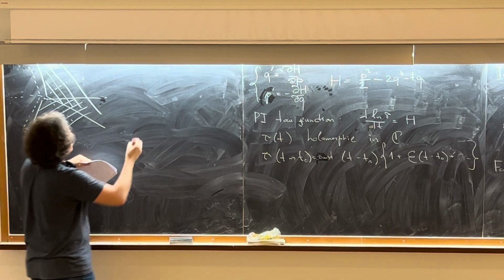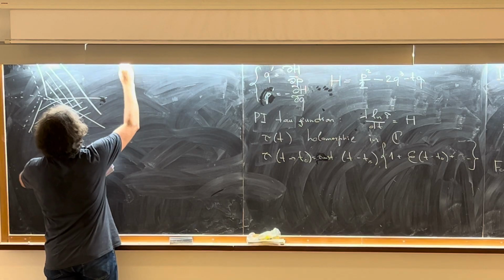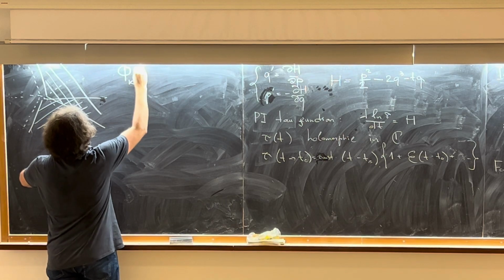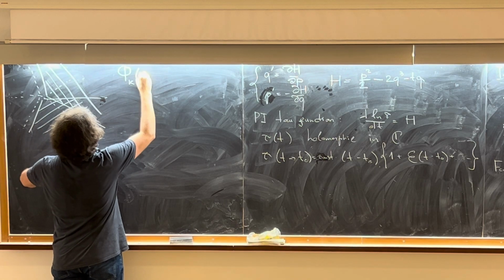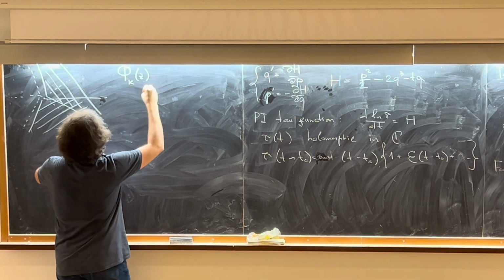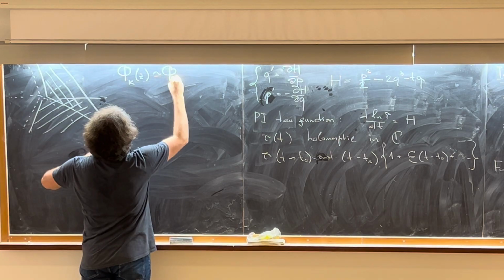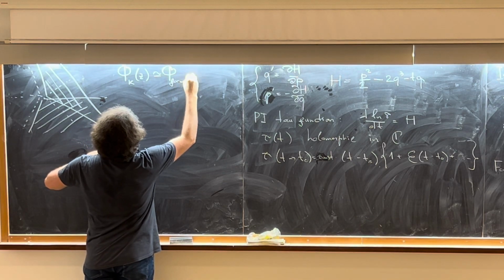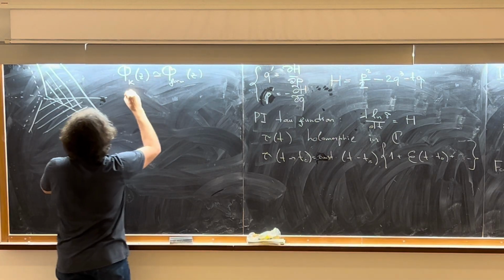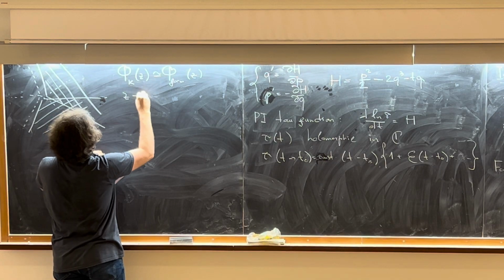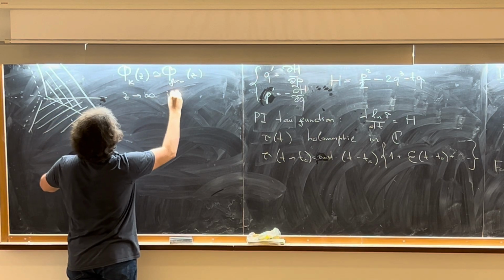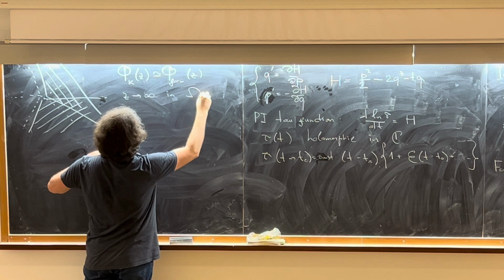And so the actual canonical solutions of these systems are uniquely determined by the requirement that phi k of z is asymptotic to the formal solution for z going to infinity in sector omega k.